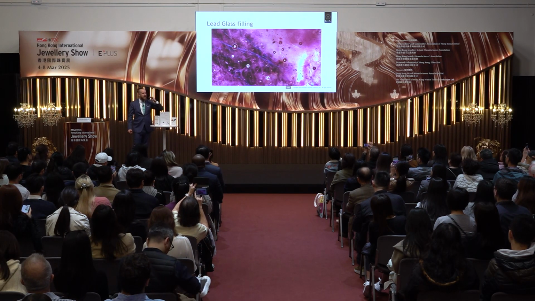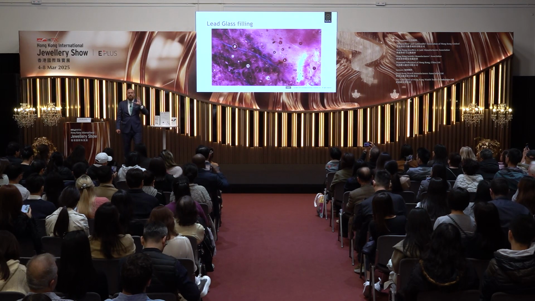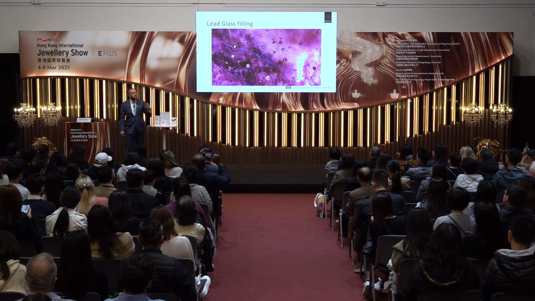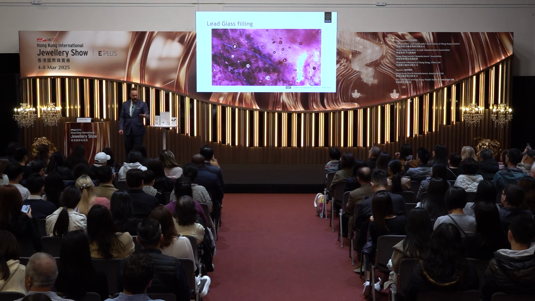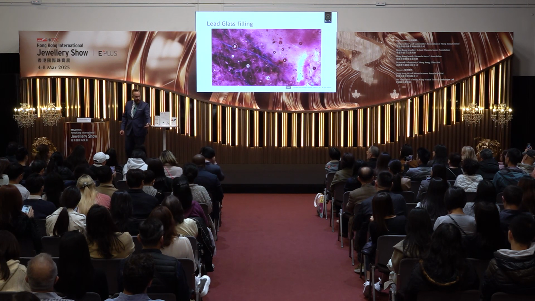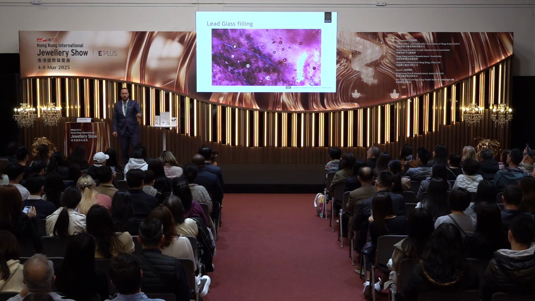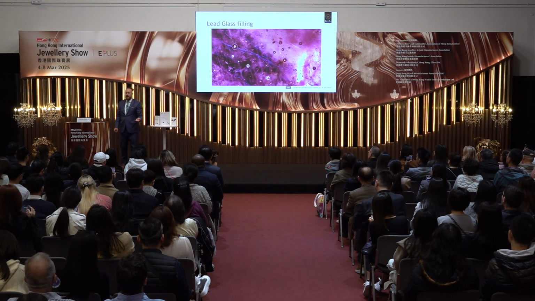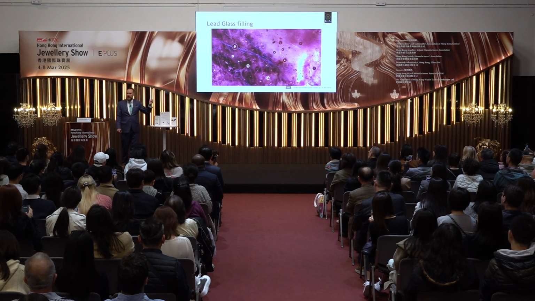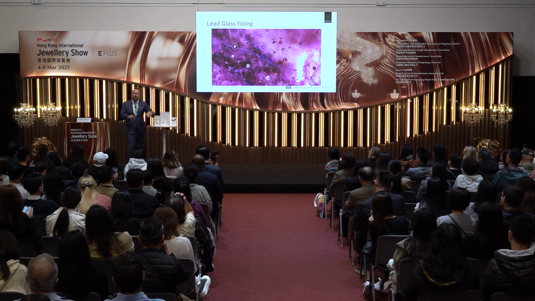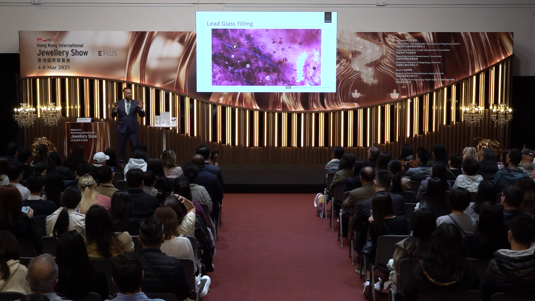Sometimes they're green, sometimes they're yellow. And these can be very obvious. Sometimes in a lead glass filled stone, even if you look at it like this, you see a very suspicious blue flash or a green flash in it. That is the lead glass filled fracture that you can see in there. But even with a loupe, this is probably the easiest treatment to detect.